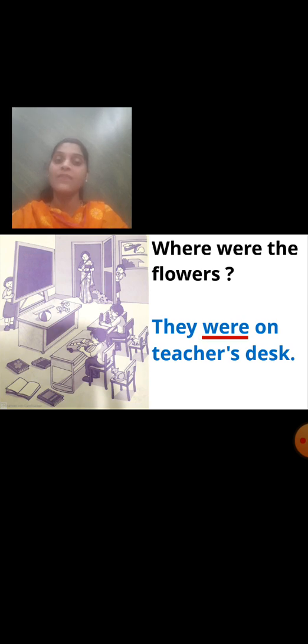See, again we have used the word were here. Why? Because we are talking about more than one thing. We are asking about more than one flower, na? So we have used the word were in the answer.